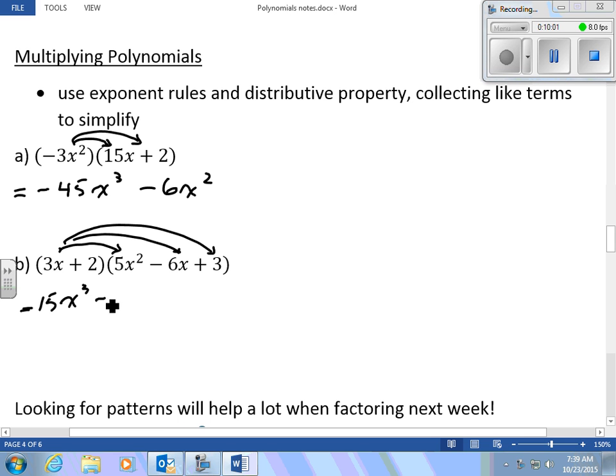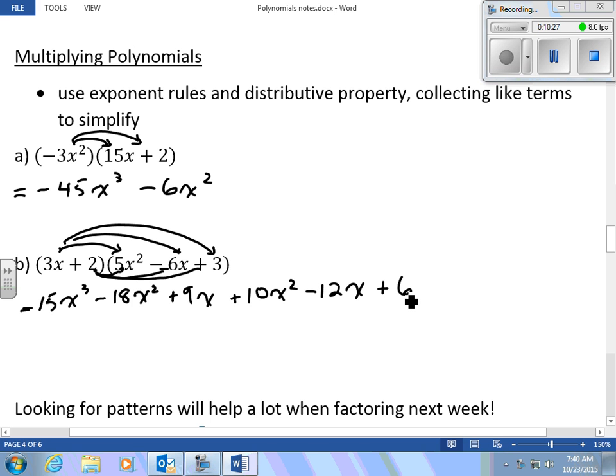Then we'll get negative 18x squared and plus 9x. Okay, so we've taken the 3x, multiplied it by all three other terms. Now we're going to do the same for the 2. I'm going to multiply it by each of the three terms. So that's a positive 2 times positive 5x, so plus 10x squared minus 12x plus 6.